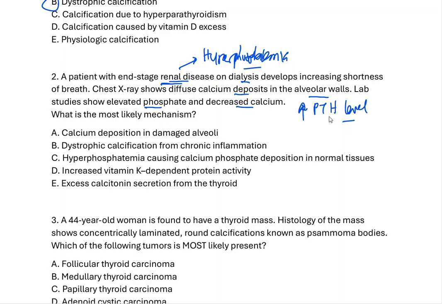Very good. Make sure you remember. You're going to come back and thank me. So which of the following is the most likely mechanism in this patient? So this is going to be a form of what? Metastatic calcification. So the best answer there will be C: hyperphosphatemia causing calcium phosphate deposition in normal tissue.